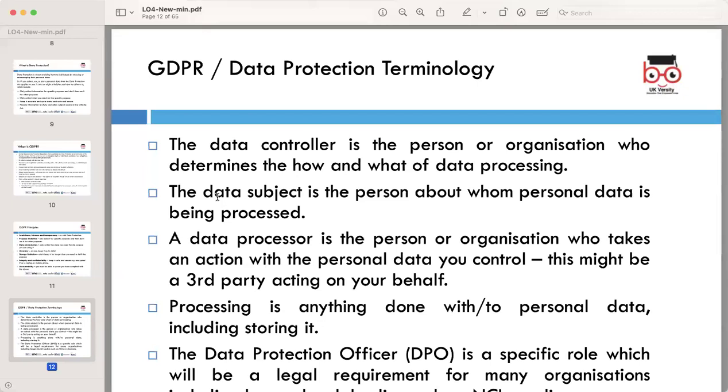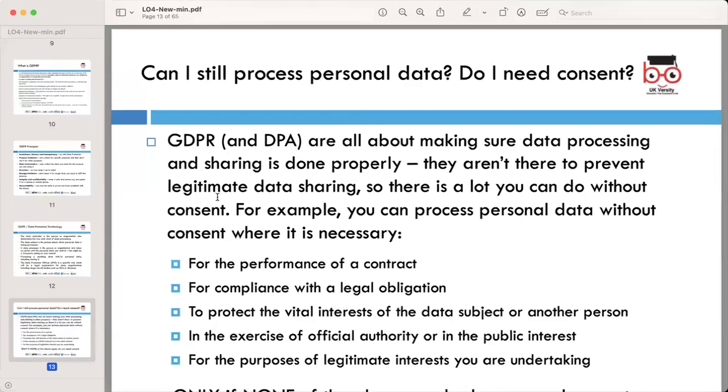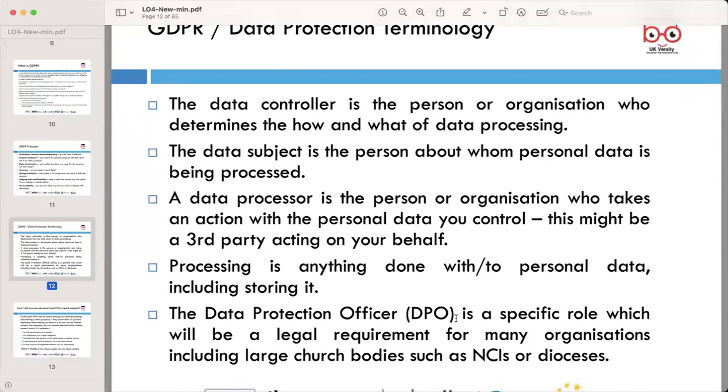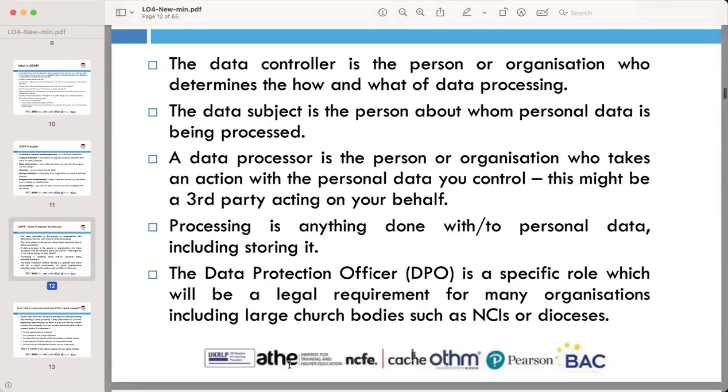Then processing encompasses any action involving personal data, including its storage. Data protection officer: a specific role mandated by law for many organizations, including large church bodies such as NCI or dioceses.